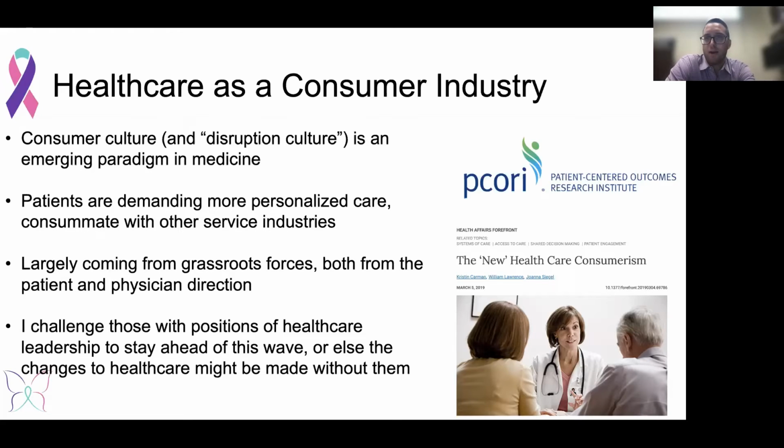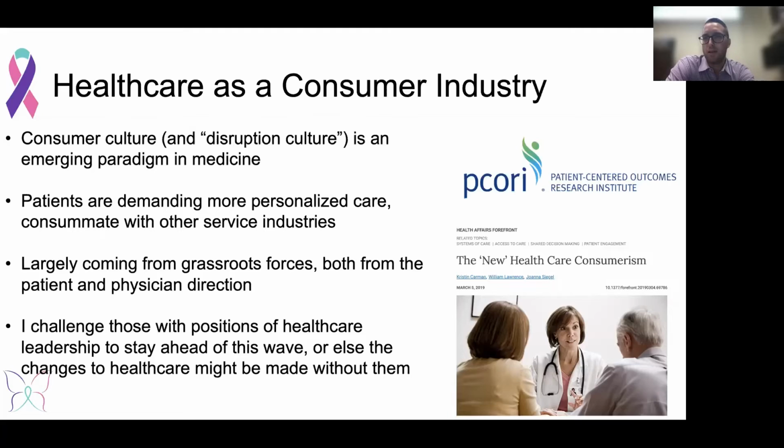I live in Silicon Valley right now, so disruption culture is something I hear all the time. For those that aren't familiar, you have a taxi cab industry for almost 100 years, and then Uber, a tech startup, says we're going to come in and disrupt the cab industry and redesign it from the ground up to make it more user friendly to use your phone to get a driver.